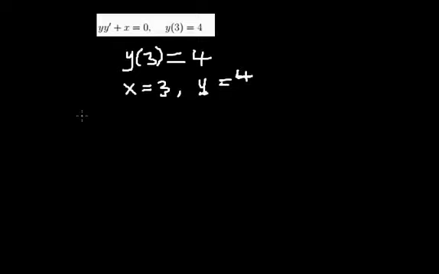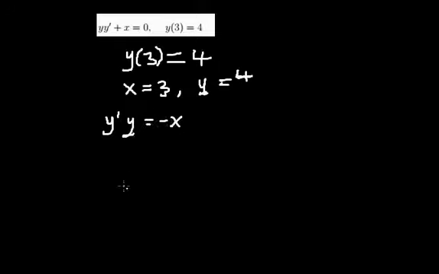Here we go. So now let's solve this. I have to take plus x to the other side of the equation. So I'm having y prime y is equal to minus x.